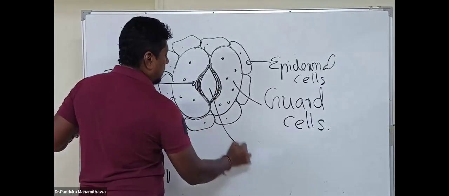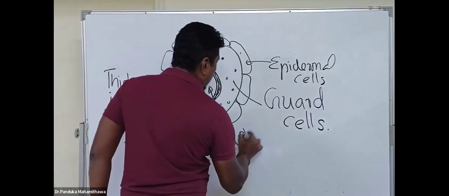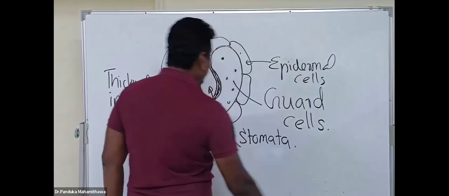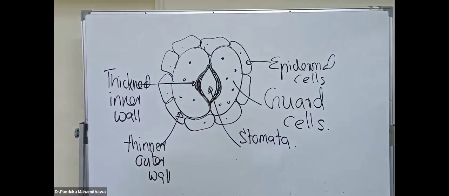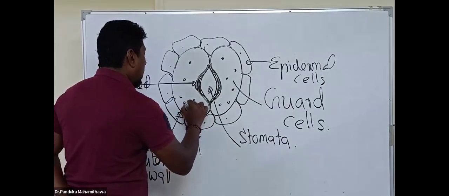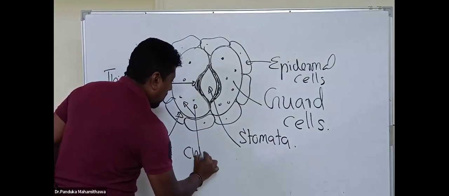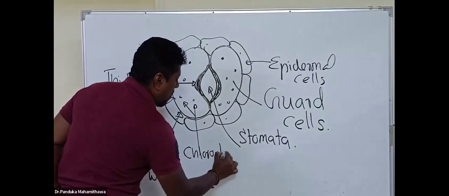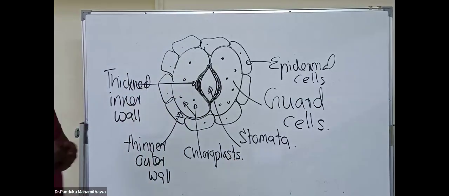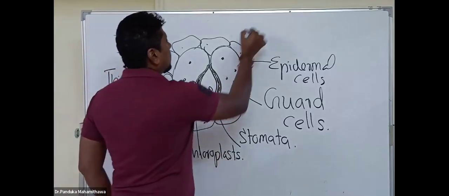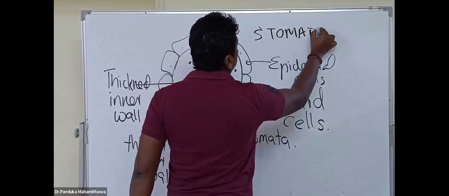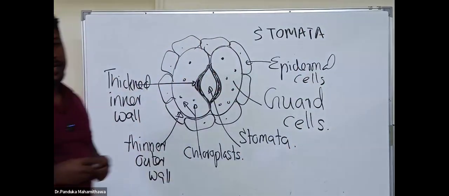This is the stomatal opening, or stomata. These are the chloroplasts. So this is the structure of the stomata.